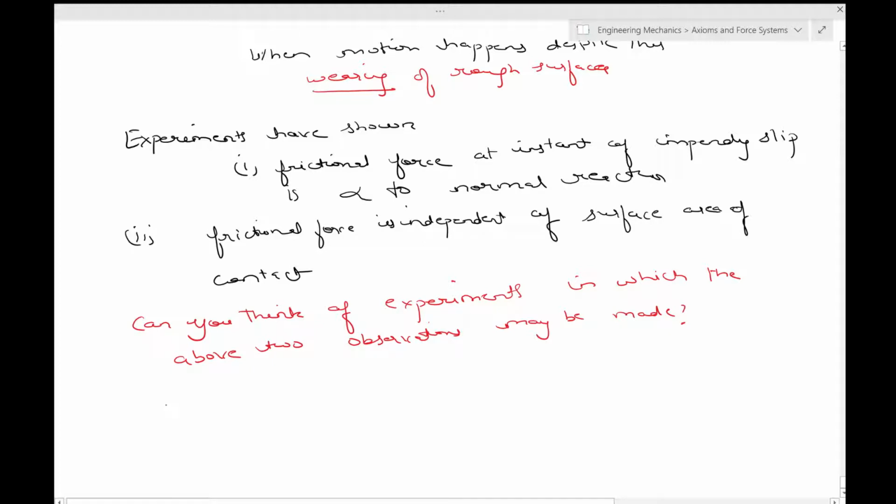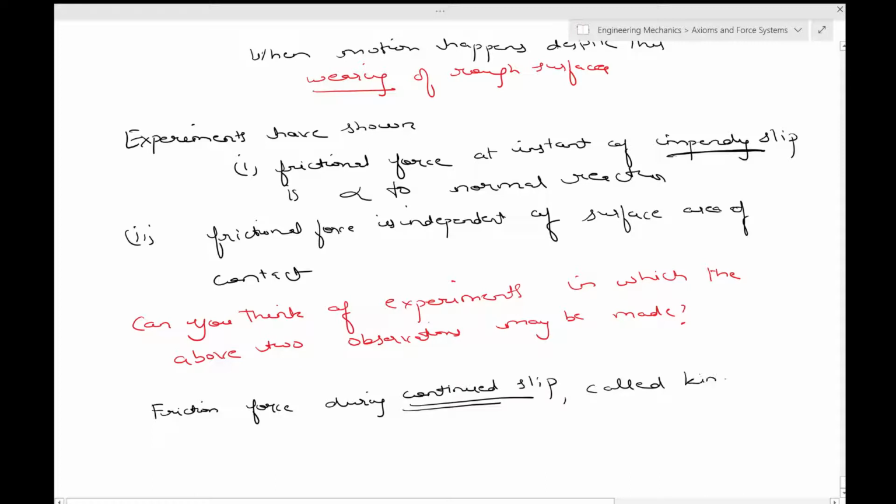So the friction force during continued slip, the earlier was impending slip, this is continued slip, is called kinetic friction.